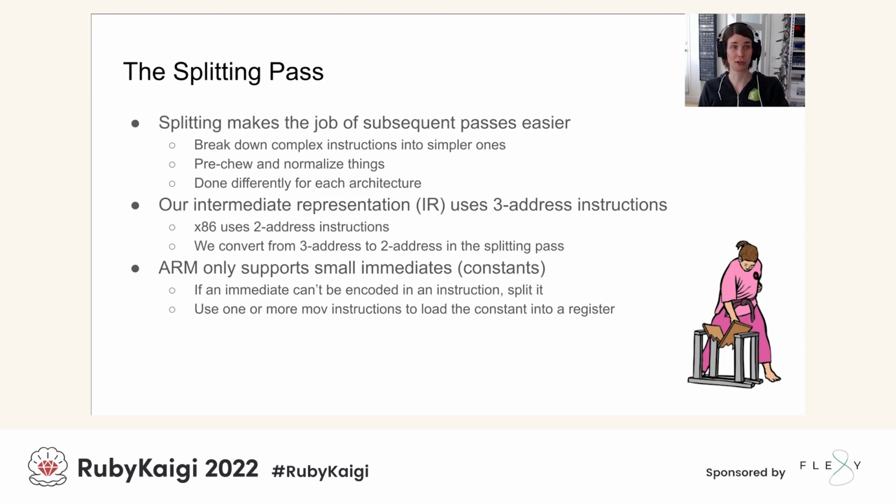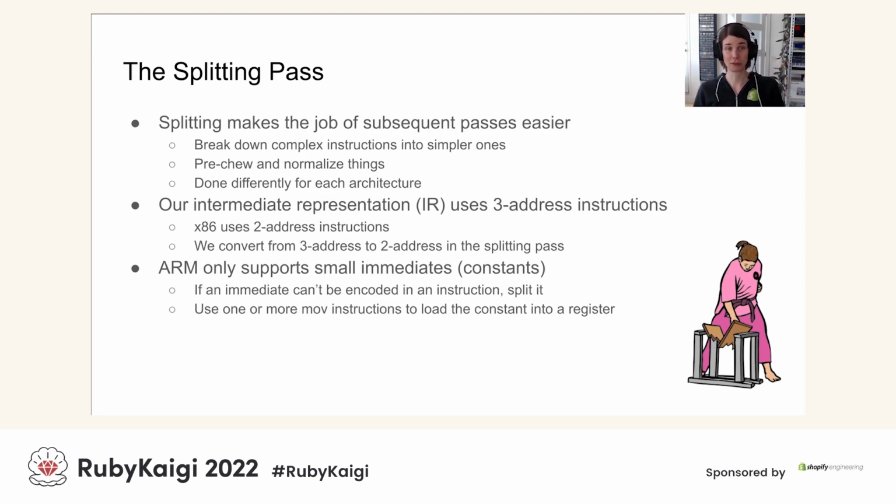The way that we do this translation is what we call a splitting pass. So the goal of splitting is to make the job of subsequent code generation passes easier. And so basically with splitting, we break down complex instructions into simpler ones. We do a little bit of pre-chewing and normalization as part of splitting.